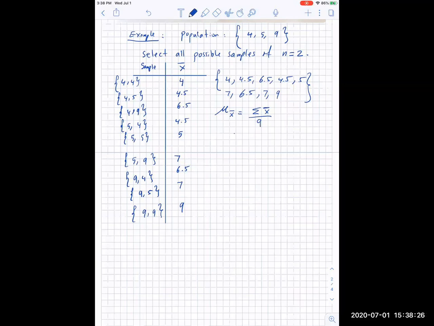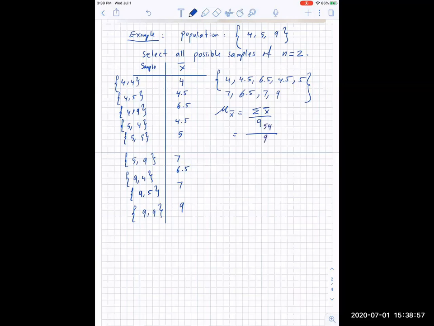I take this average of the sample means. So let's see what it is. Let's add these values: 4 plus 4.5, 6.5, 4.5, 5, and then 7, 6.5, and 7, 9. That gives 54.